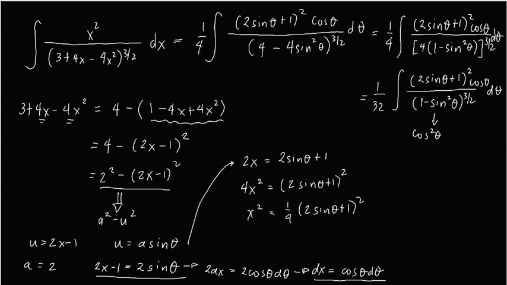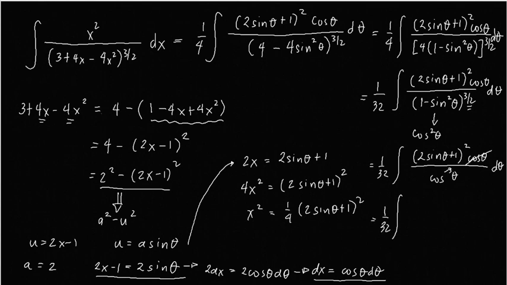And then cosine squared of theta raised to 3 halves will become cosine cubed of theta. So we have 2 sine of theta plus 1 squared cosine of theta divided by cosine cubed of theta d theta. So one cosine of theta will cancel, leaving us 1 over 32 integral of 2 sine theta plus 1 squared divided by cosine squared of theta d theta.